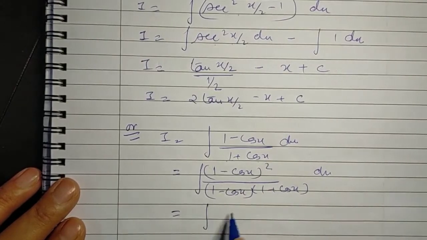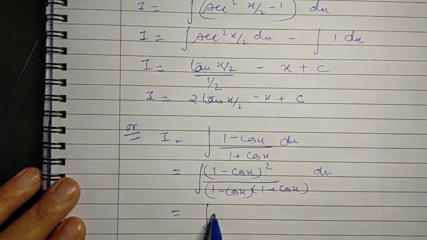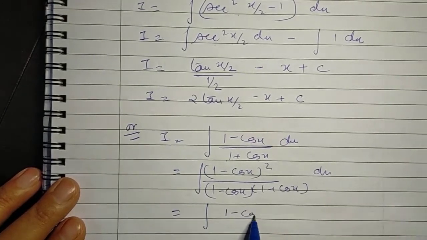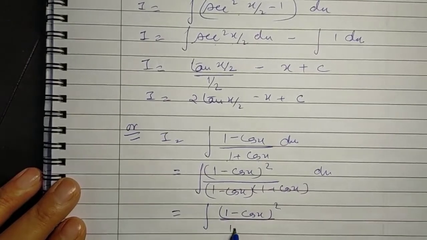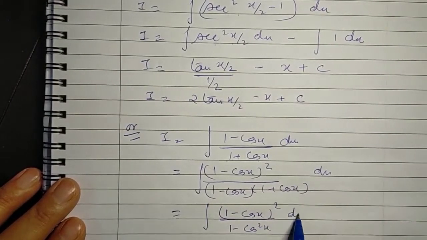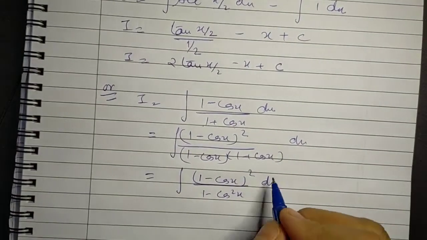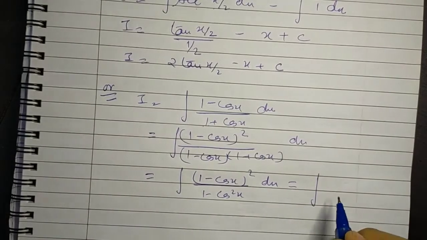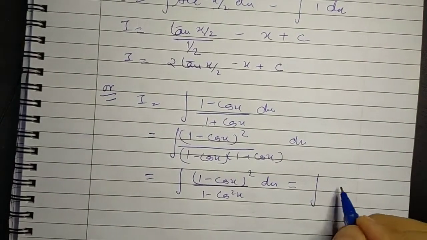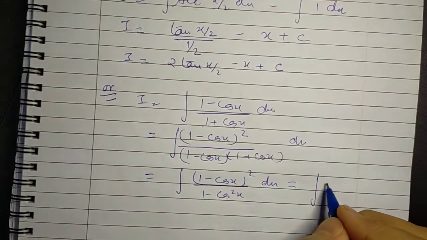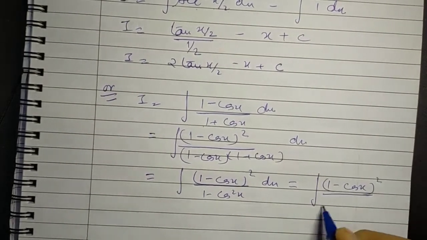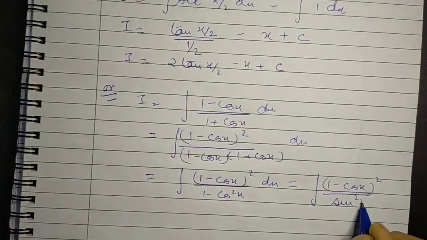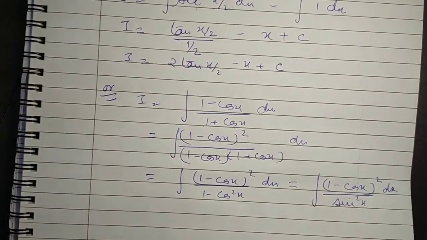The denominator comes out to be 1 minus cos squared x, which is sine squared x. So what we get is 1 minus cos x whole square over sine squared x into dx.